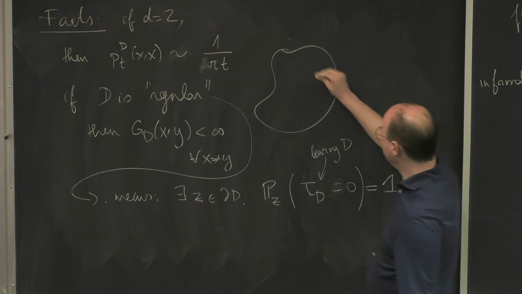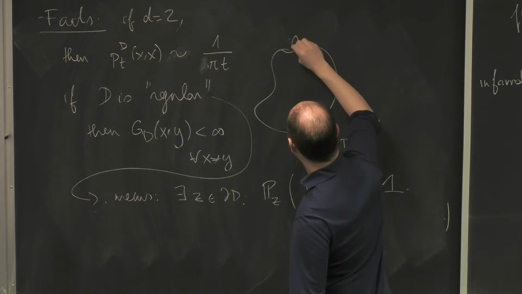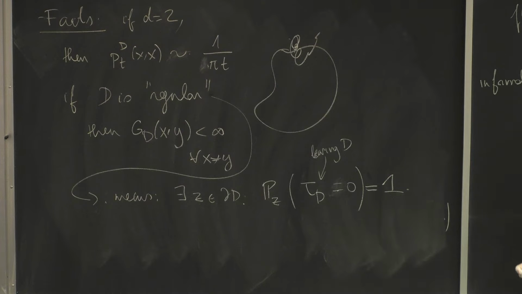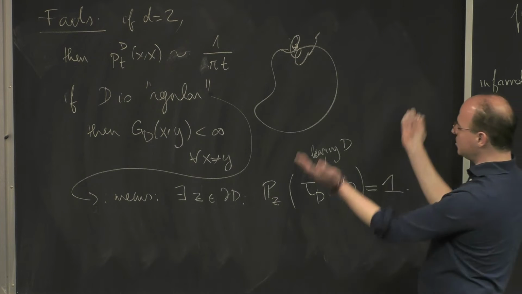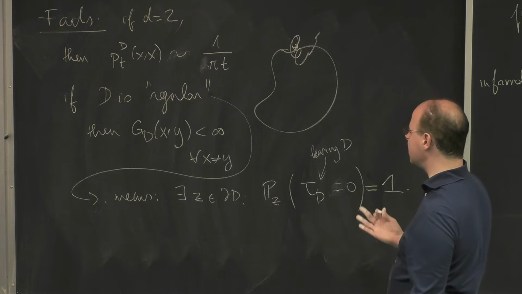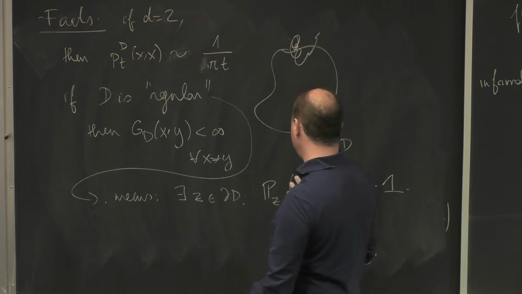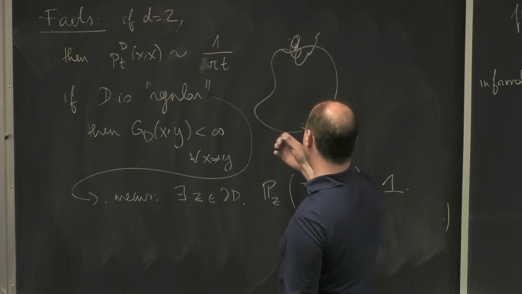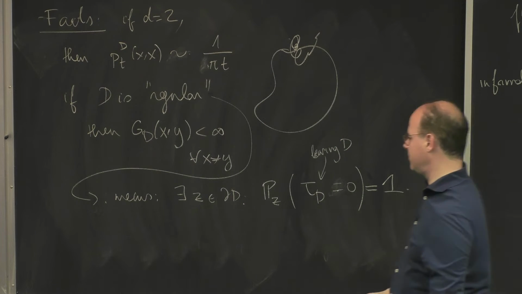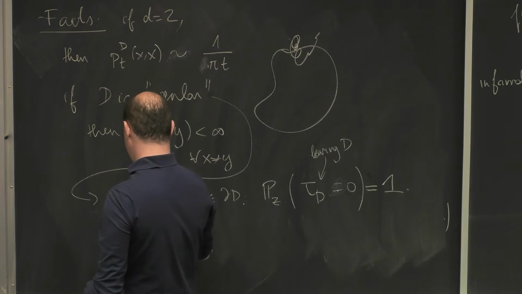So if I start from z, I'm guaranteed to leave D instantaneously. So that's what it means to be regular. It has nothing to do with smoothness of the boundary, but in a certain sense, it means that the domain has a complement that's big enough. You can think of it like that.